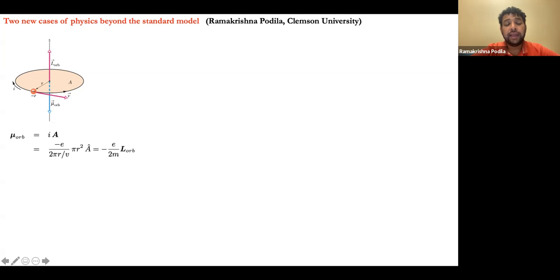Experimentally, this can be measured. The way to measure it is, for example, if you consider an electron, it has spin. If you put it in a magnetic field and it's going around, then the spin is precessing around the magnetic field. So there are two motions in a way.